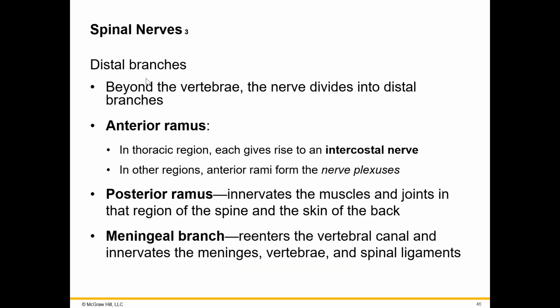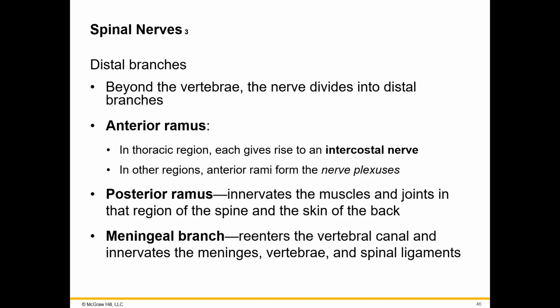The distal branches. These branches extend beyond the vertebra. The nerve divides into distal branches: the anterior ramus and the posterior ramus. In the thoracic region, each gives rise to an intercostal nerve. In other regions, the anterior rami form the nerve plexuses.